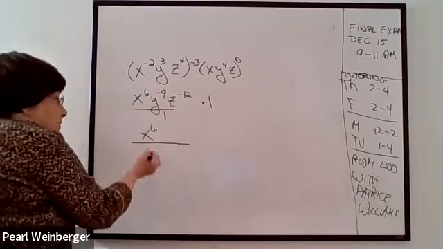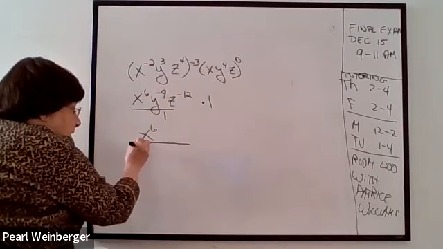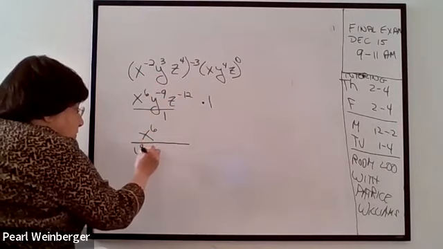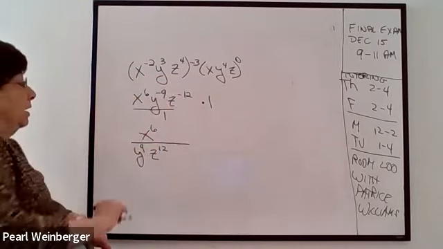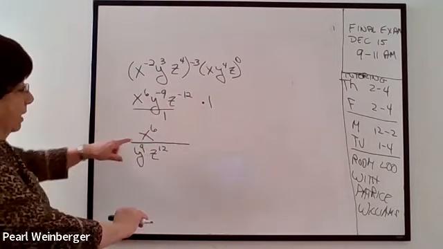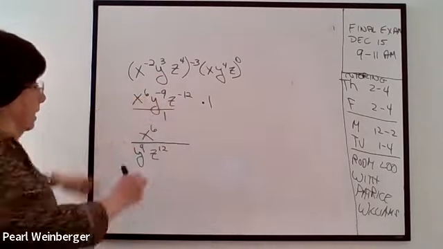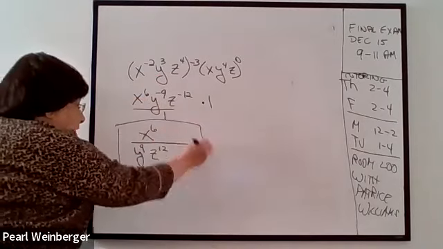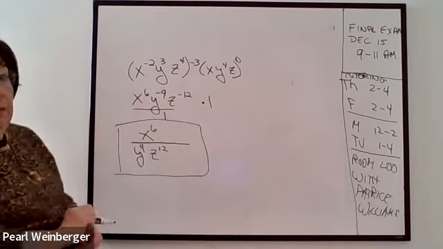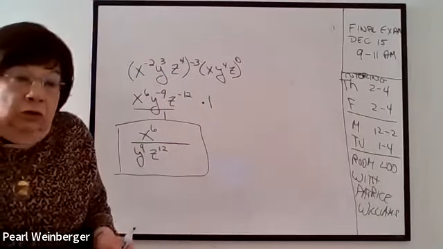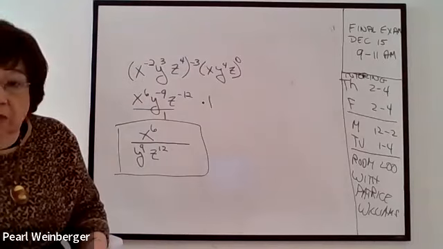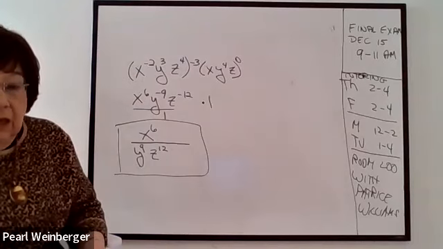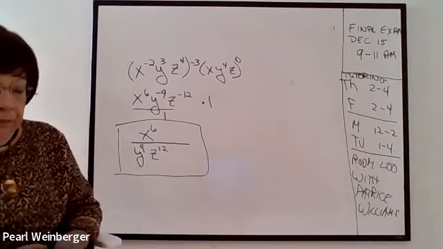But the y to the -9 comes to the denominator, and the z to the 12th also. Notice when we move them, we make their exponents positive. This is times 1. I can't simplify this any further, so this would be my answer. So remember, when you have negative exponents, they mean that you're taking the reciprocal.